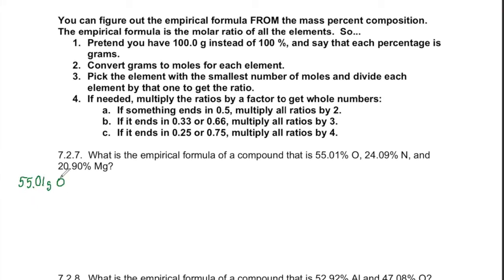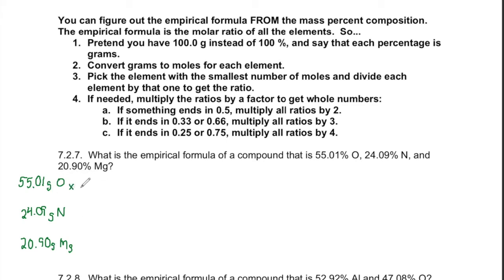So if we had 100 grams of sample, then 55.01 grams of that would be oxygen, 24.09 grams of that would be nitrogen, and 20.90 grams would be magnesium. So just pretending that we have 100 grams lets us work with grams instead of percents.